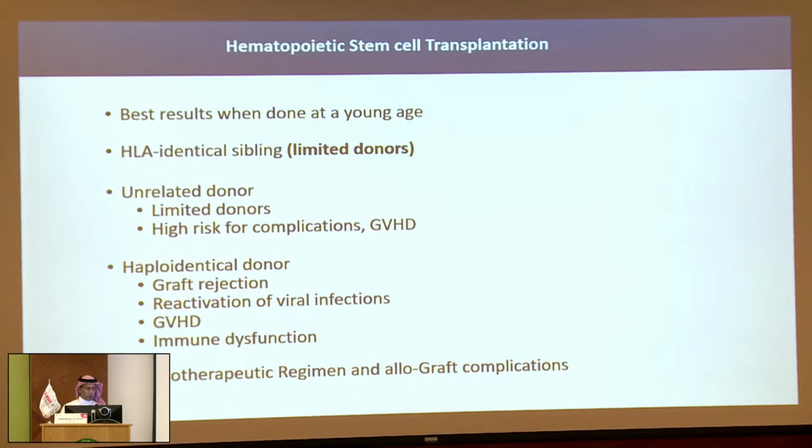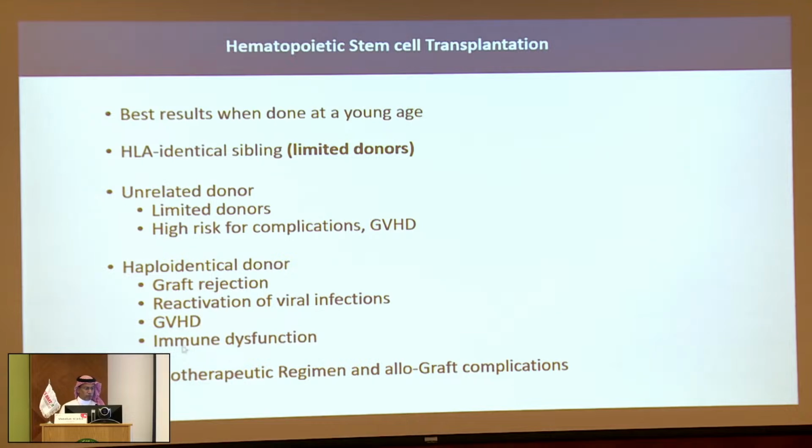Haplo-identical transplant is another alternative, but again, this is associated with multiple severe complications like graft rejection and reactivation of viral infections like BK virus, adenovirus, CMV, that become chronic and difficult to manage. Graft versus host disease is really a major challenge in this category of patients.